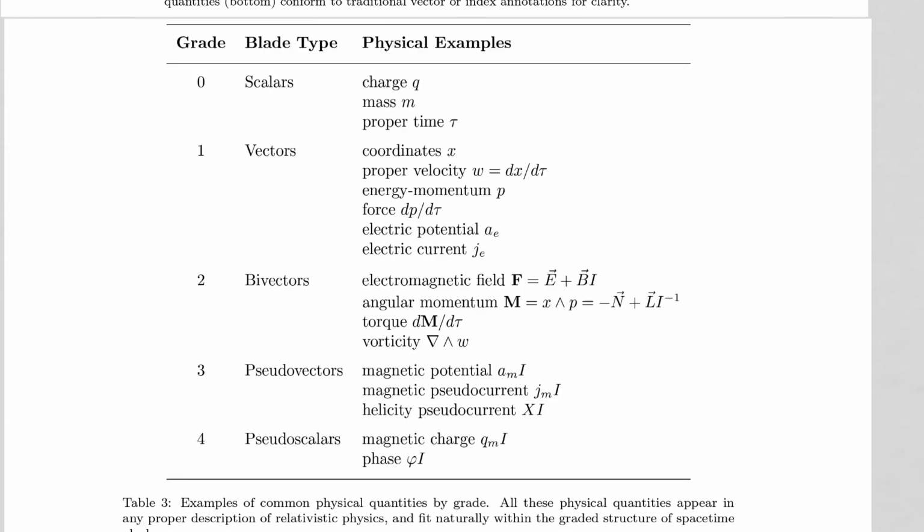And then the next table, they are basically showing various physical quantities that are modeled by blades of different degree. And so charge, mass, and proper time, that seems logical that they're modeled by scalars. What's modeled by a pseudoscalar, though? Magnetic charge and something they're calling phase. So there are real things out there called pseudoscalars. Now, in the physical world, we don't know if there are magnetic charges, right?